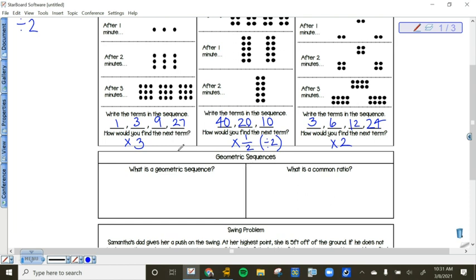What is the geometric sequence in your own words? Or you can copy down the definition we already wrote. And then what is a common ratio? What is a geometric sequence and what is a common ratio? So take a couple minutes and do that.